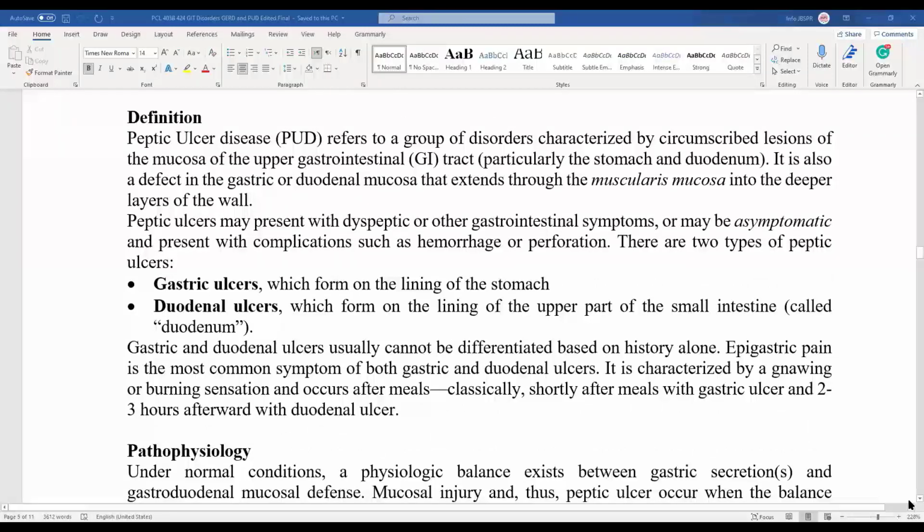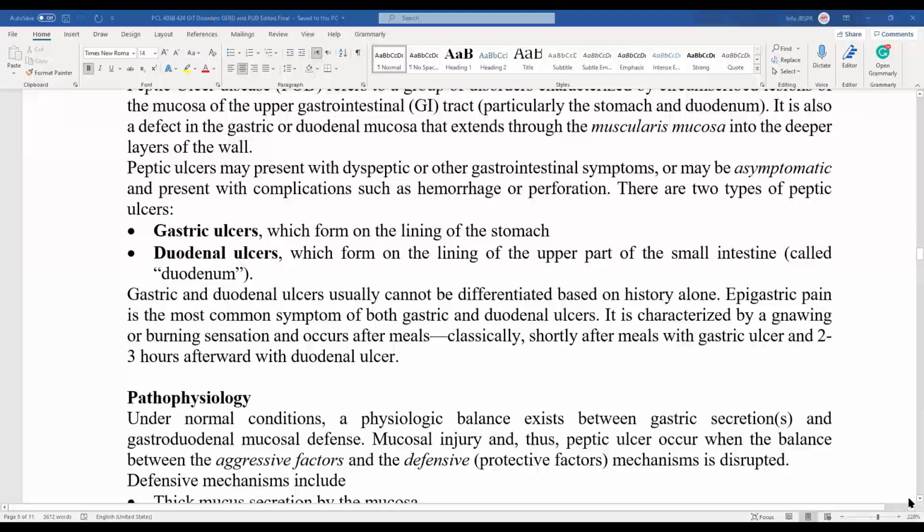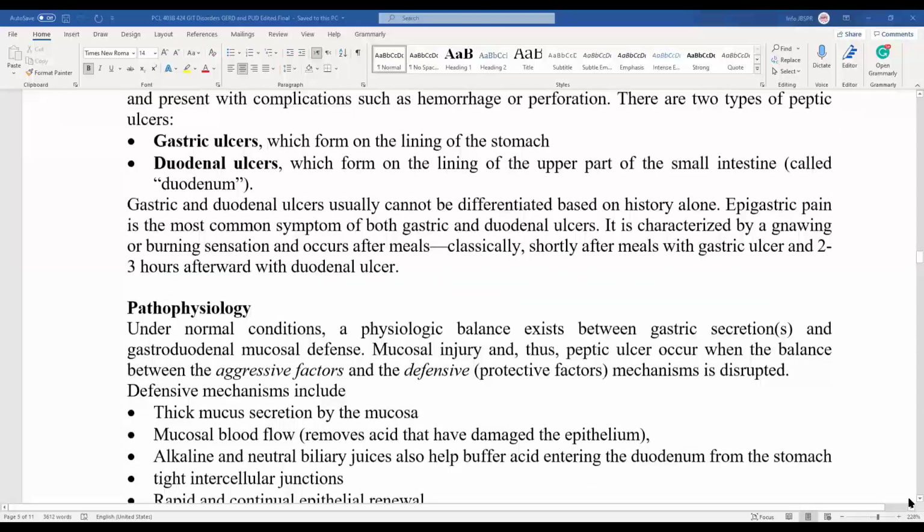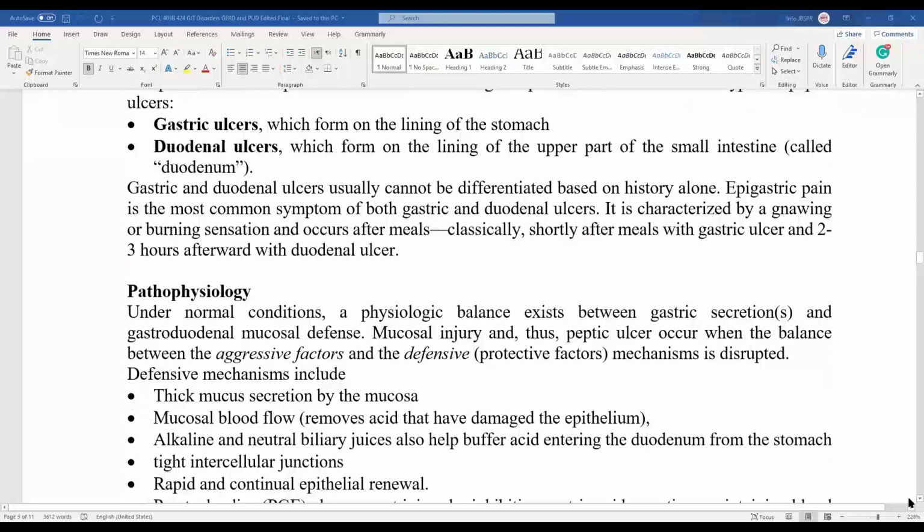Just like we mentioned when we were talking about the esophagus, that when we eat, it prevents the food from getting to our windpipe. The same thing that God has created in us, everything is supposed to be in balance. It's only when there is imbalance that we start coming up with one disease condition or the other. So under normal condition, there's a physiologic balance between the gastric secretion and the mucosal defense.